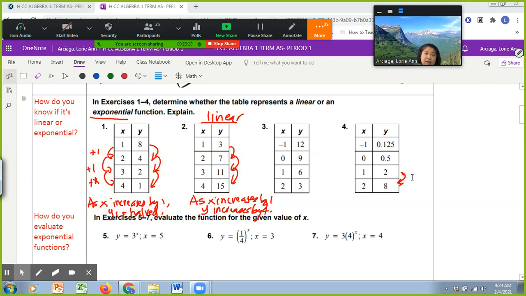What's the common factor? 6? So if you add 6 to 0.5, will you also get 2? And then if you add 6 to this, will you get 0.5? If it doesn't work, times 4. Very good. So times 4.